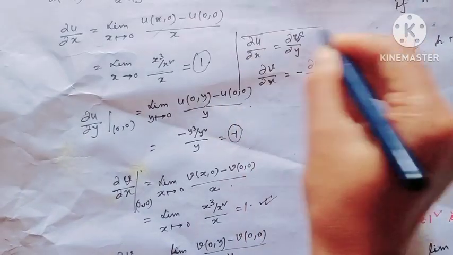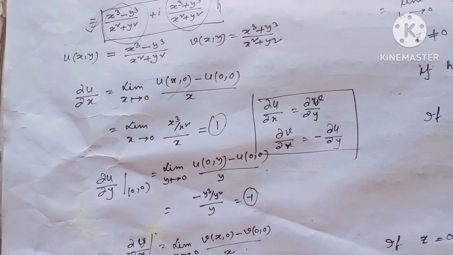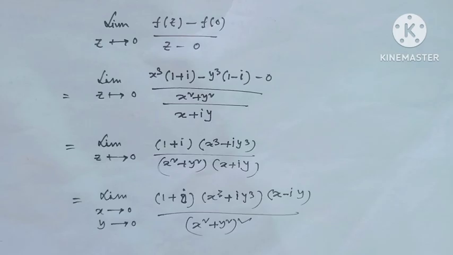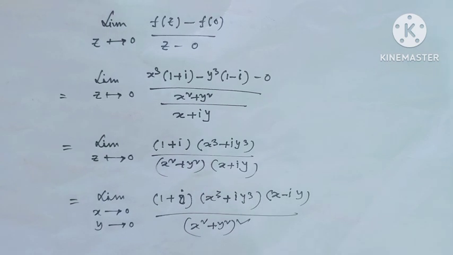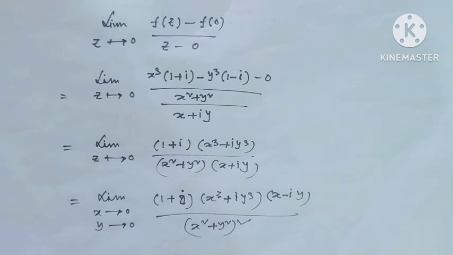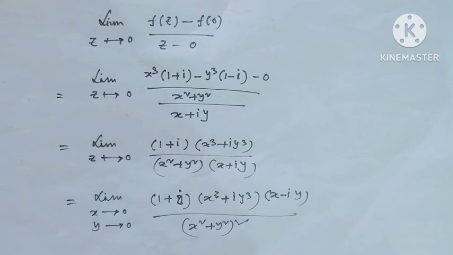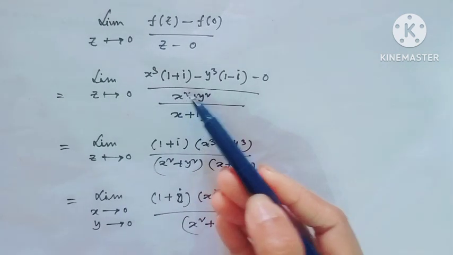So this satisfies the CR equations. But to check differentiability at z equal to 0, the formula is limit z goes to 0 of f of z minus f of 0 over z minus 0. Now put the value of the function.